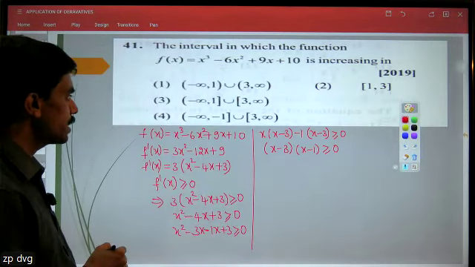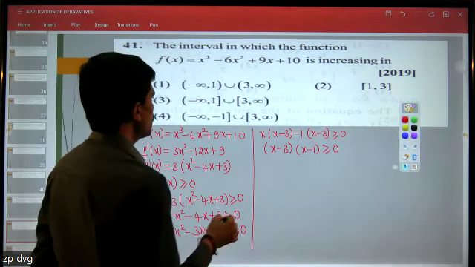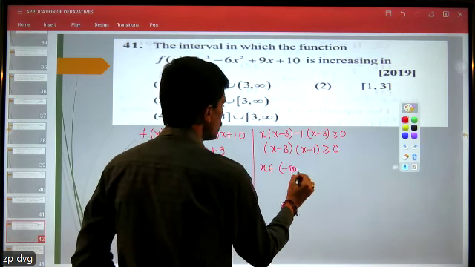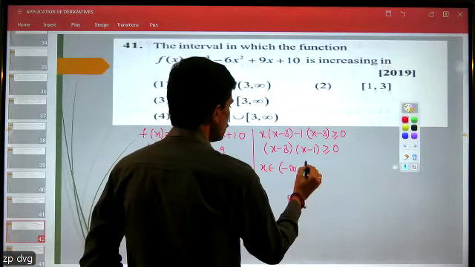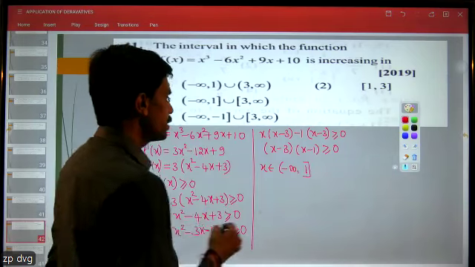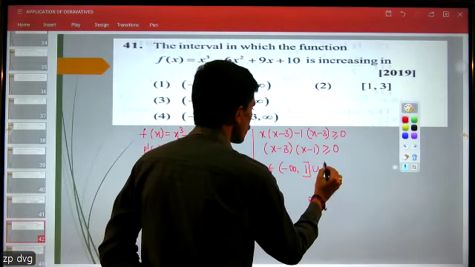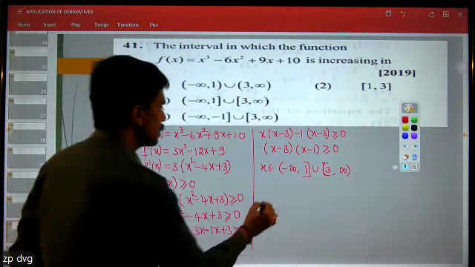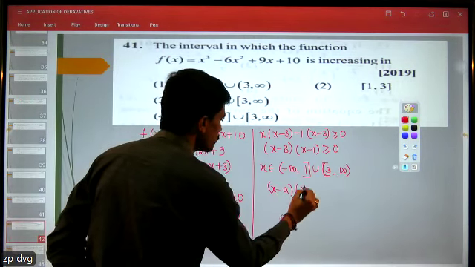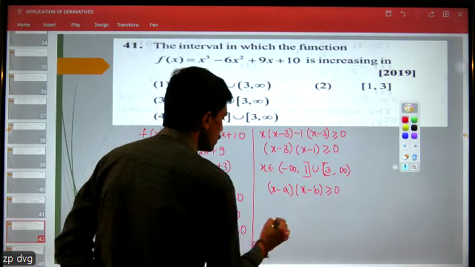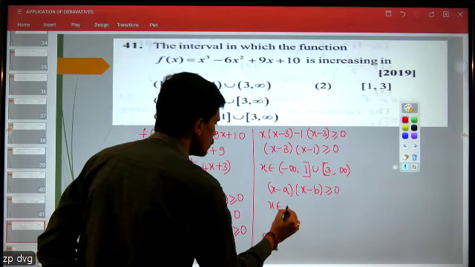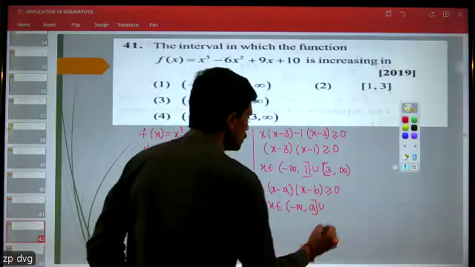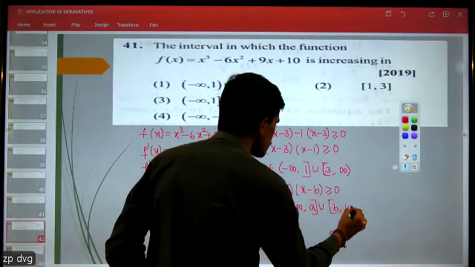For this, we write it in the form of an interval as x belongs to open interval minus infinity comma 1, union closed interval 3 comma infinity, because if it is of the form x minus a, x minus b greater than or equal to 0, then it can be written as x belongs to open interval minus infinity comma closed interval a, union closed interval b comma plus infinity.